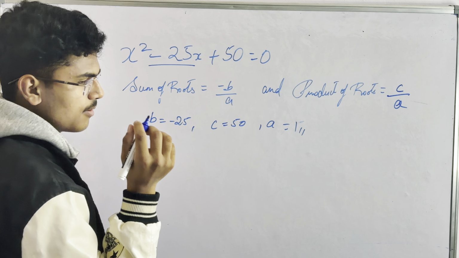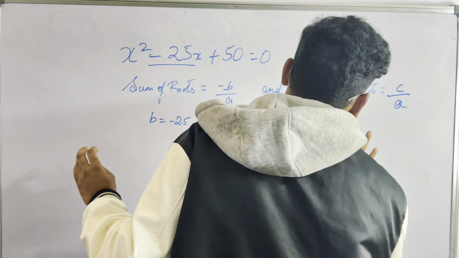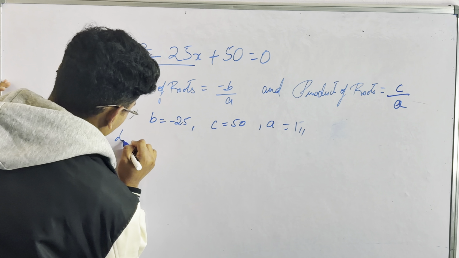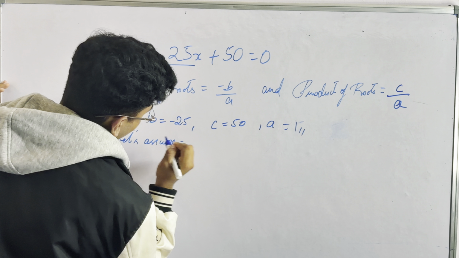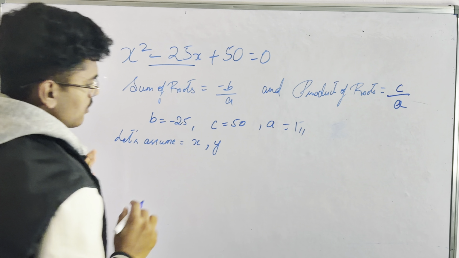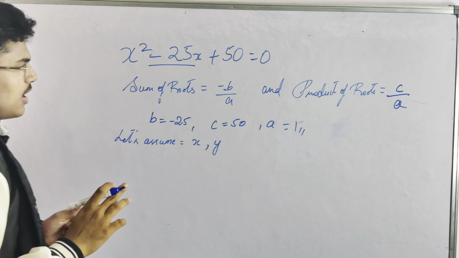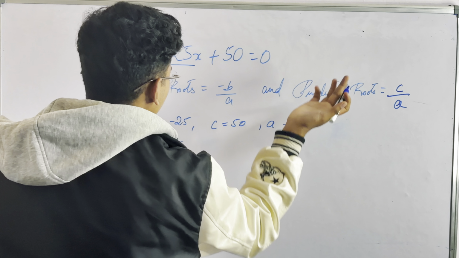Sum of roots means, let's assume one root as x and the other root as y. Or let me take something other than x and y, because x will be confusing.